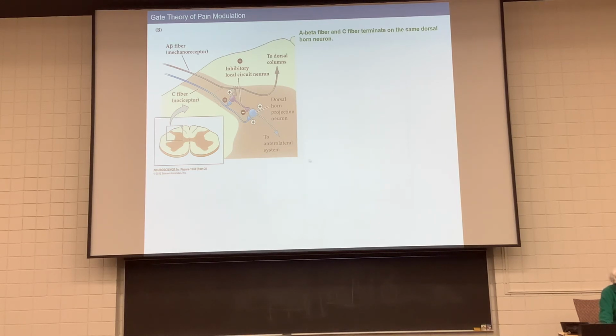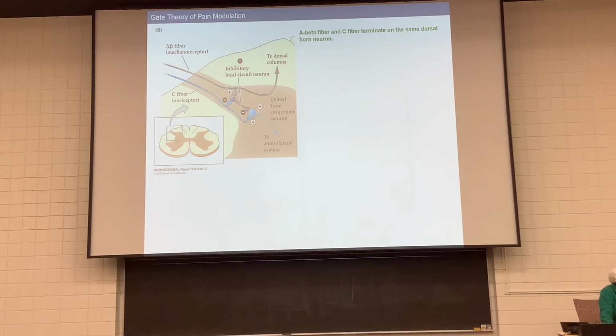The dorsal horn neuron goes to form the spinothalamic tract, or the anterolateral system. It also, again, they're only showing one interneuron, but ultimately it will inhibit an interneuron that inhibits this dorsal horn neuron. So it disinhibits it, which means it can have an even stronger response.